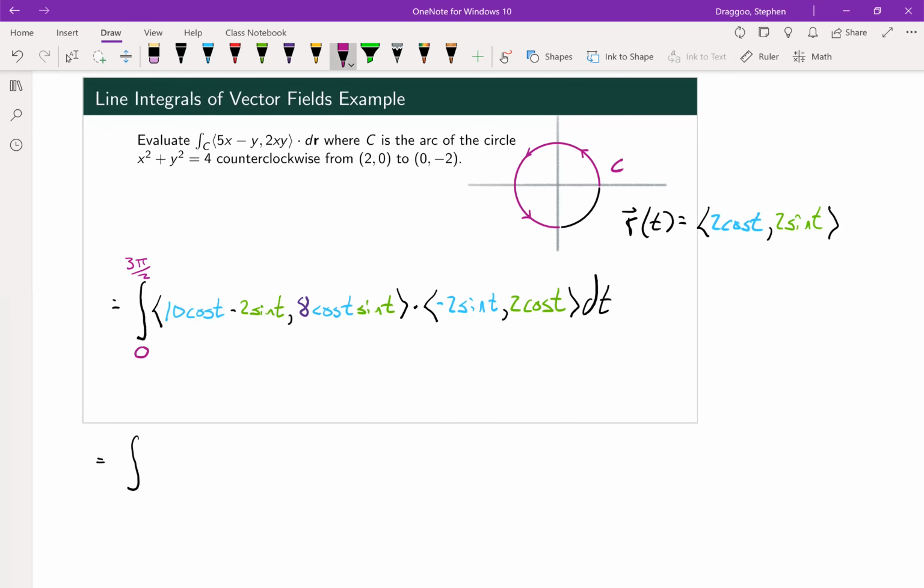So the integral from 0 to 3 pi over 2 of what happens when we actually take this dot product.